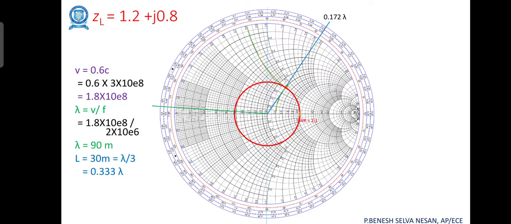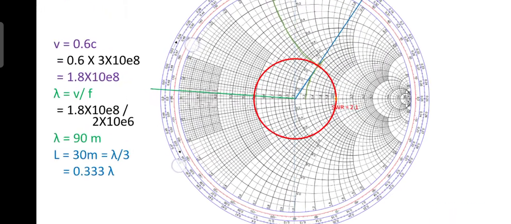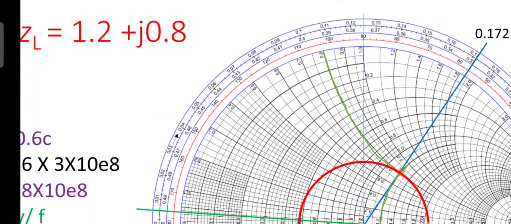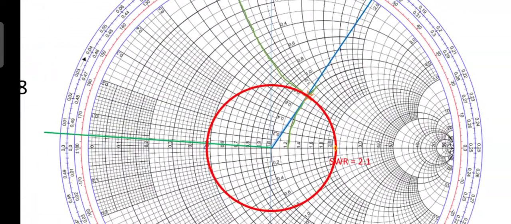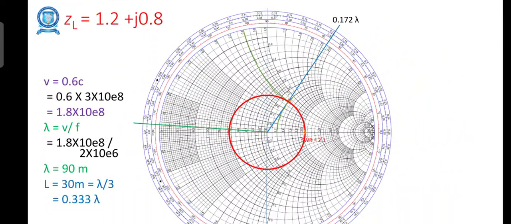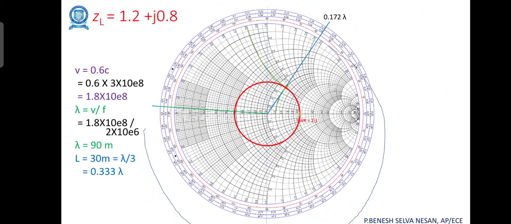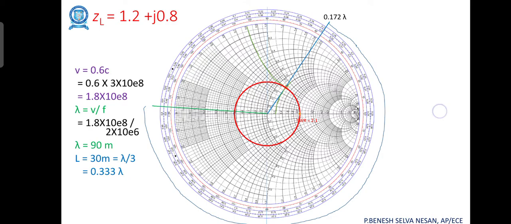After traveling 0.333 lambda we will be at this point. From this point draw a straight line to the center of the Smith chart. The total length is 0.333 lambda.